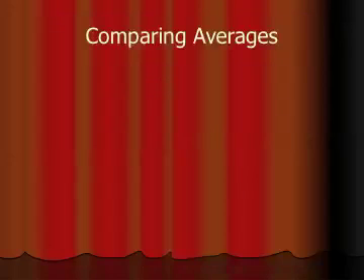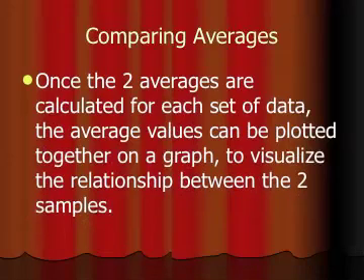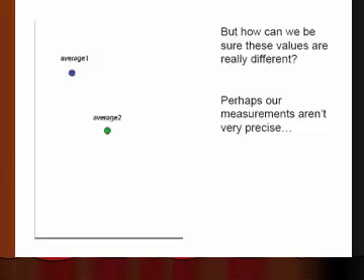Now we can compare the average from the pond and the average from the river to see if they are very different. Once the two averages are calculated, one for the river and one for the pond, the average values can be plotted together on a graph to visualize the relationship between the two samples, to see which one is bigger or smaller and so on.